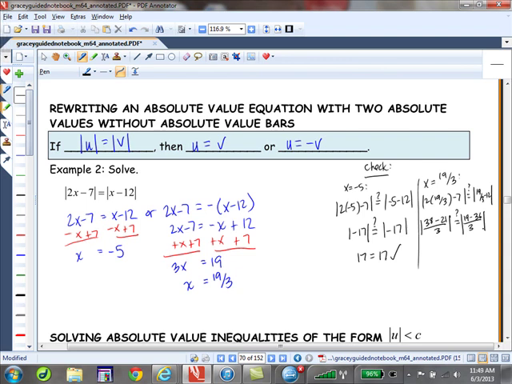So 38 minus 21 is 17. It's all over 3 in the absolute value. And then 19 minus 36 is -17, and then that's over 3. So 17/3 does indeed equal 17/3. So that one checks out.